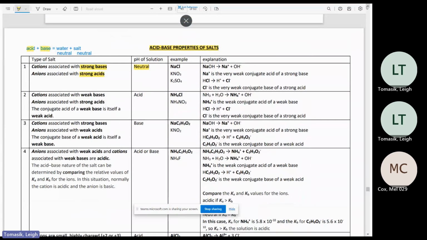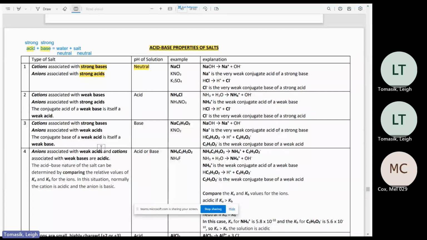So they kind of oversimplified and misled you because we didn't talk about strong acids and weak acids and strong bases and weak bases in grade 10, but probably all of the acids and bases that you might have used in a laboratory were the strong type.